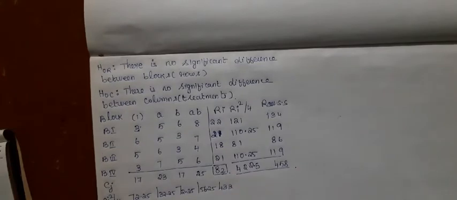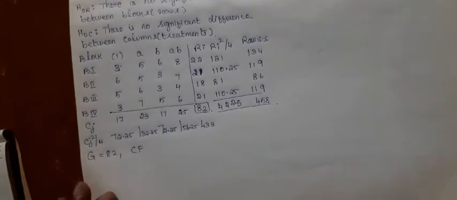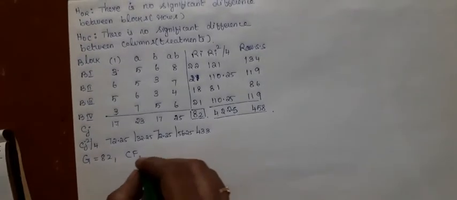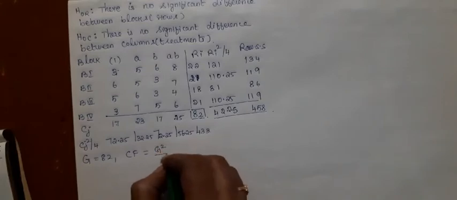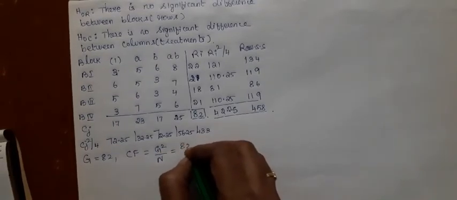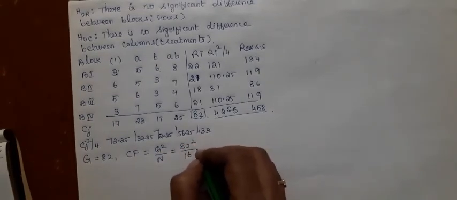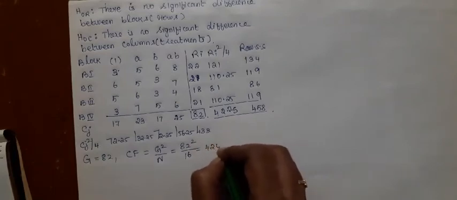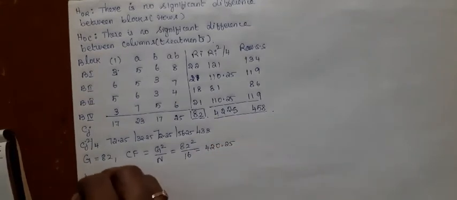Now the analysis starts. The grand total is 82. The CF value is G square by N. 82 square divided by 16, which is 420.25.